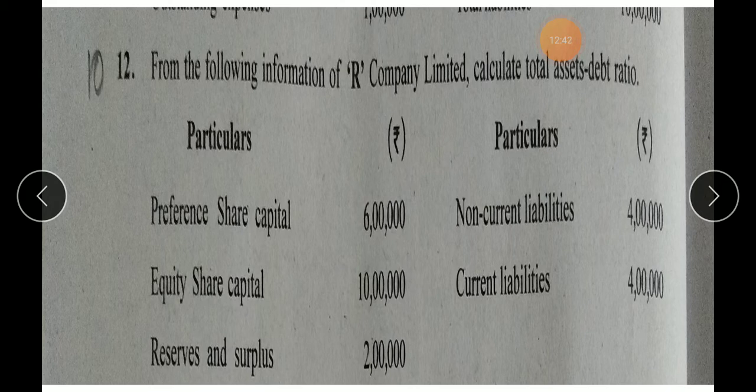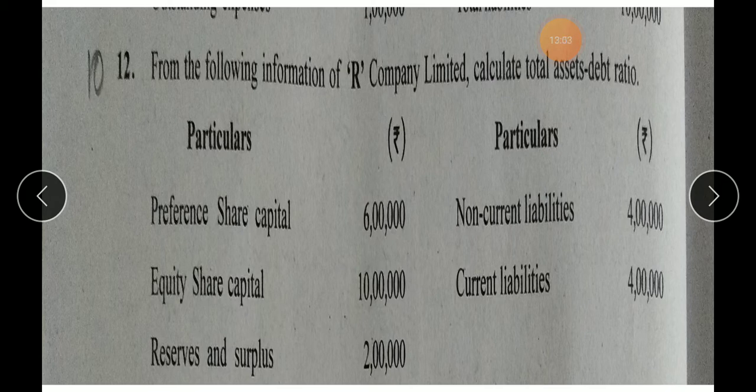And now a sum of this kind, question 12 in the exercise, calculate total assets to debt ratio, is given in the exercise. And that you are going to solve. Yes?